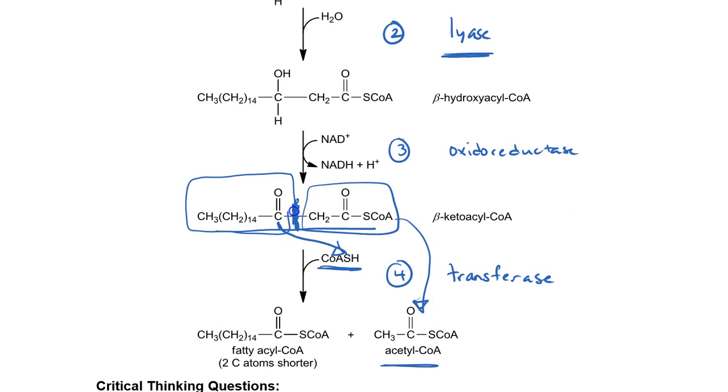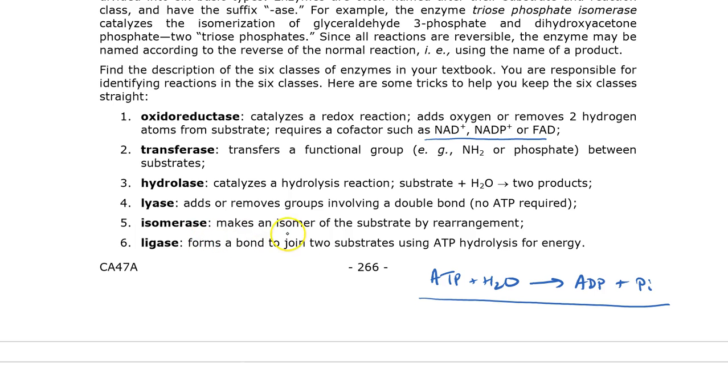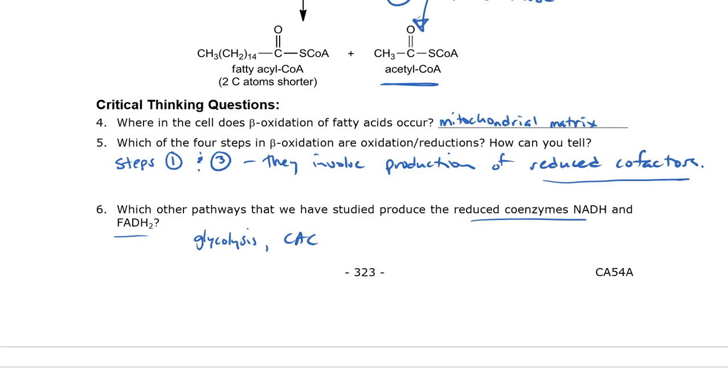This bond right here is right next to a double bonded thing. And isomerase is clearly out. ATP is not being required, so that's also out. I wouldn't give you that one on a quiz. It's a little too challenging, but the other ones I think are fair game. Let's move on.